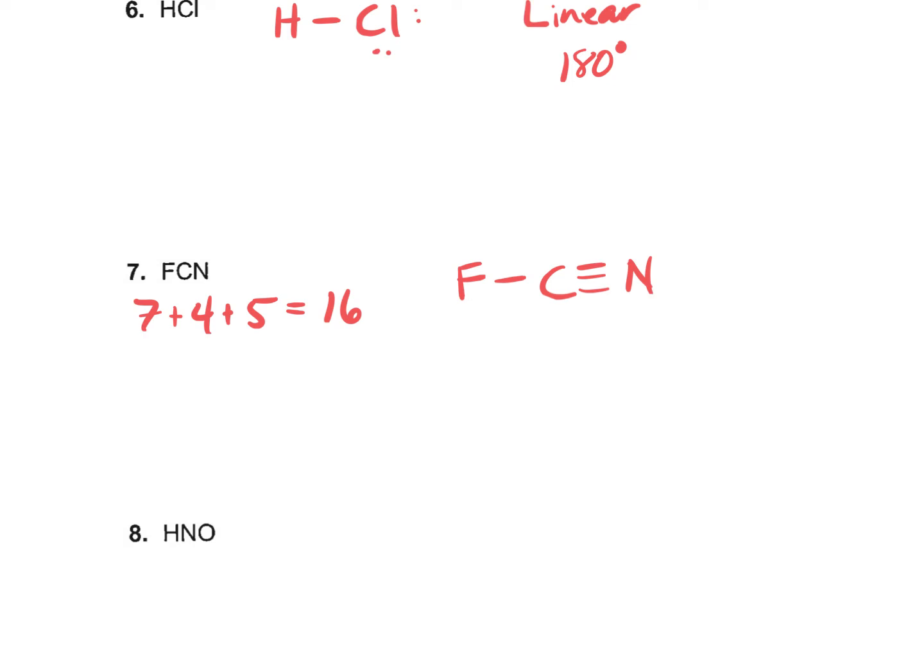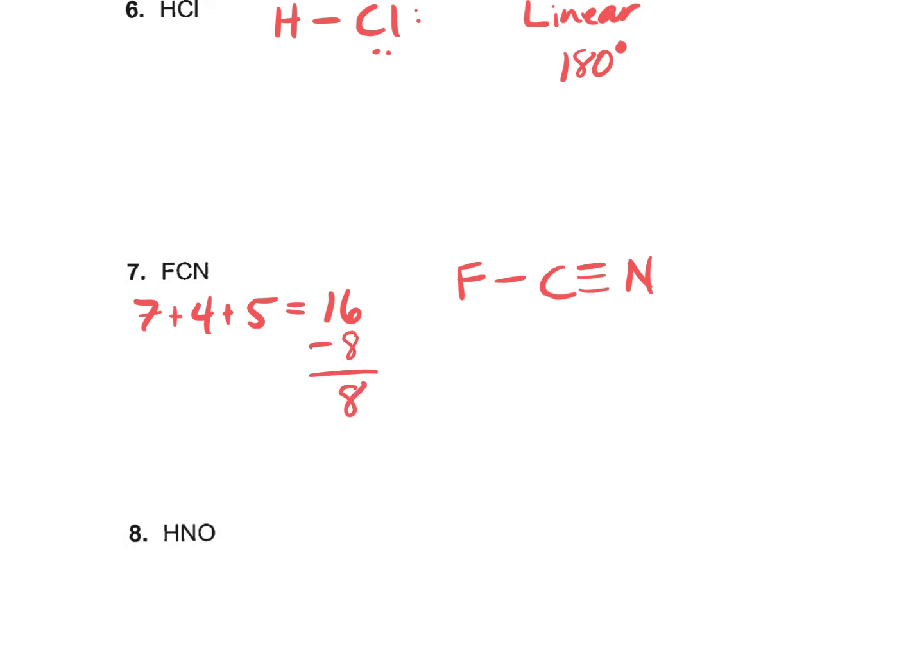You do not have to know that, but you could try this any way that you'd like. I think you're going to find that you need a triple bond there to make the octets. So anyway, let's see what I've used here. I used 2, 4, 6, 8 electrons for the bonding. So let's subtract that 8 from 16, and we're left with 8 left over.